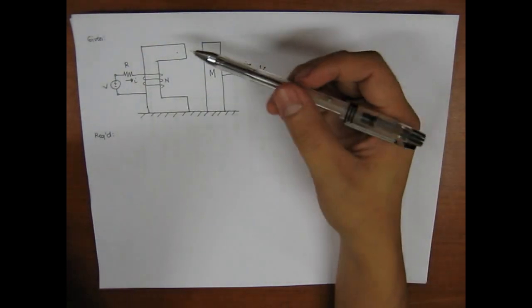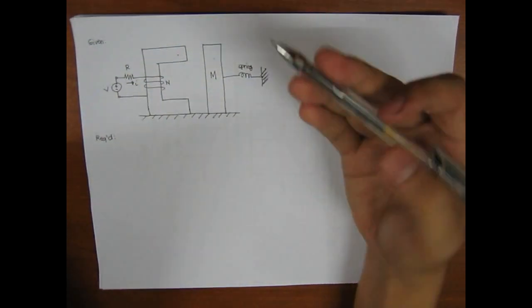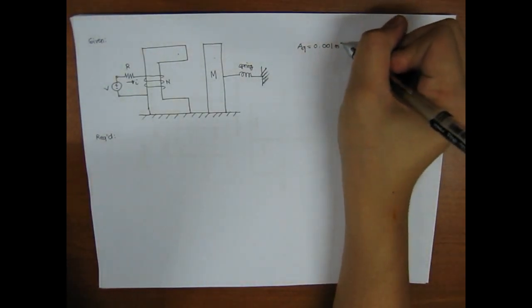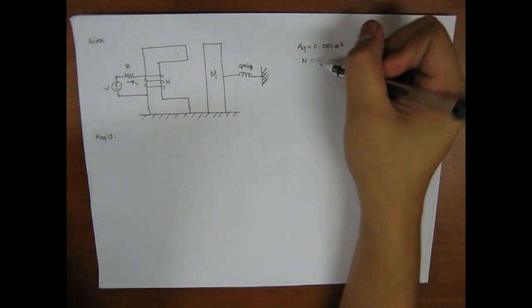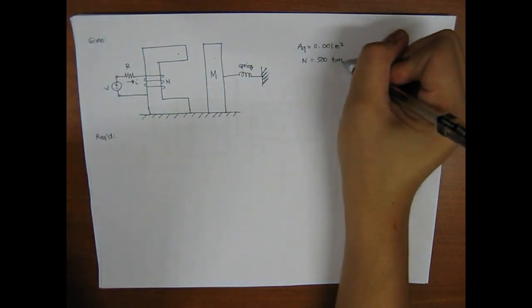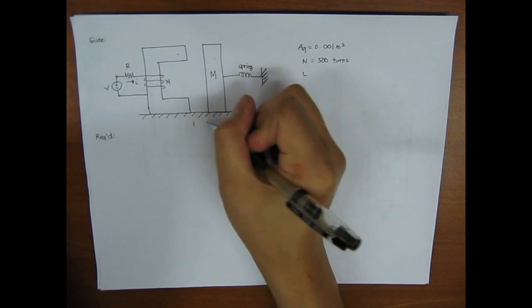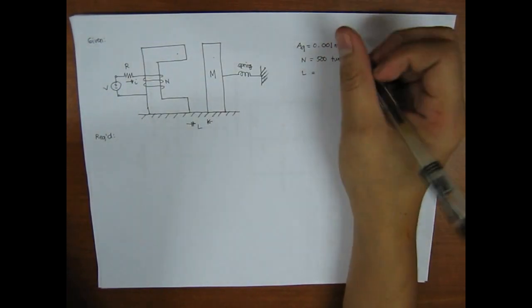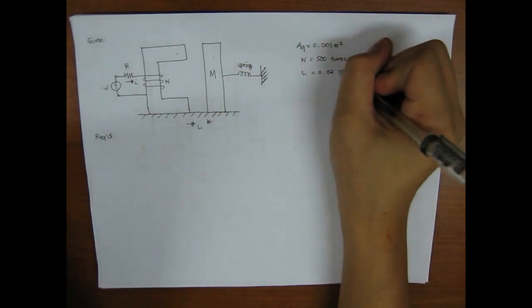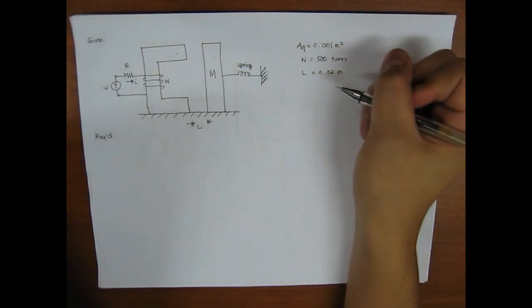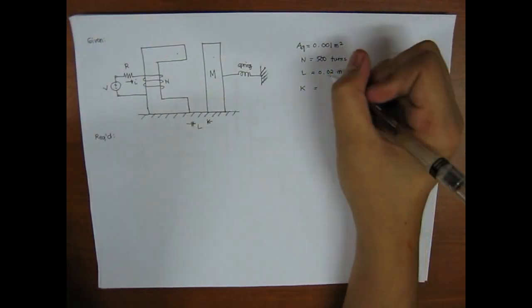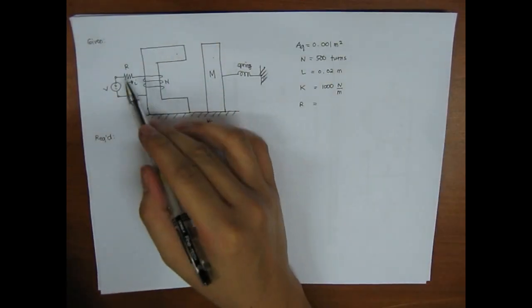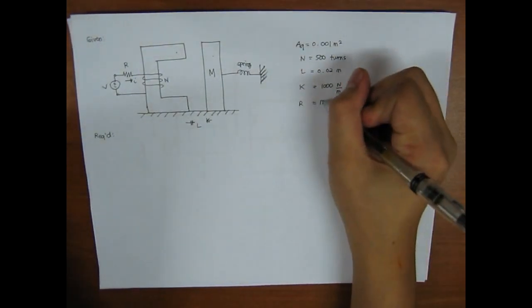The area of the air gap is equal to 0.001 m squared, and the number of turns N equals 500, and the L here is this part, the gap length, that is equal to the initial length of the gap equals 0.02 meter, and the spring constant K equals 1000 Newton per meter, and the resistance of the coil equals 18 ohms.